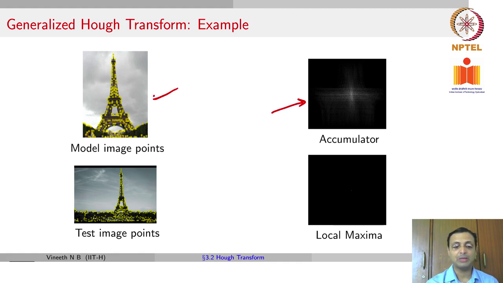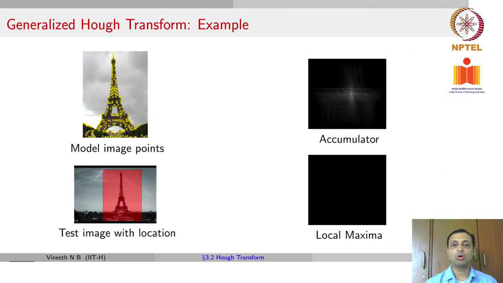After you find your model image points in your test image, you have your accumulator that votes for the centroid of the object with respect to various key points in that object. You consider a local maxima. You may not see it very clearly here, but the local maxima is somewhere in the middle. Based on that, you vote for where the Eiffel Tower is located in the test image.